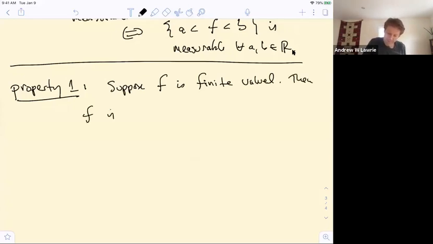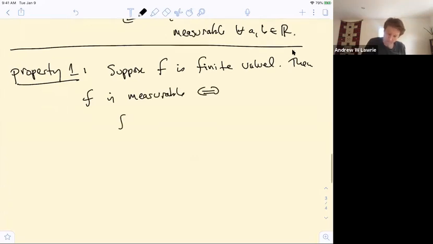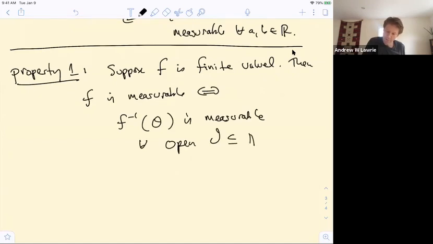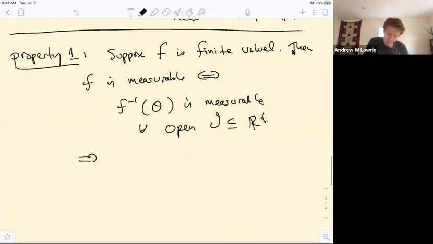Then f is measurable if and only if the preimage of every open set is measurable, for every open set in R^d, and equivalently, if and only if the preimage of every closed set is measurable.